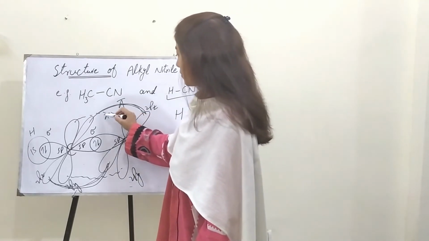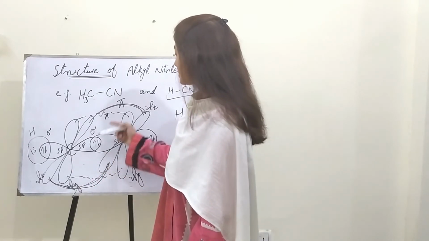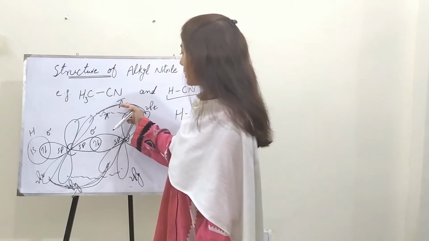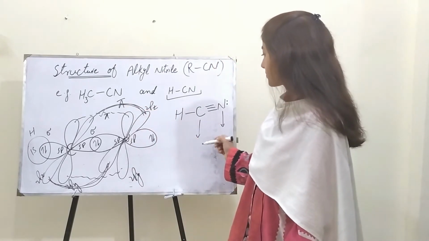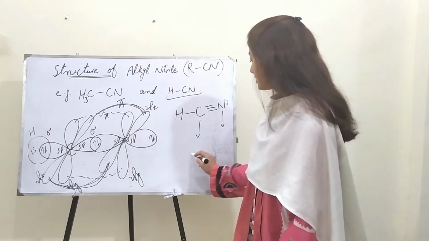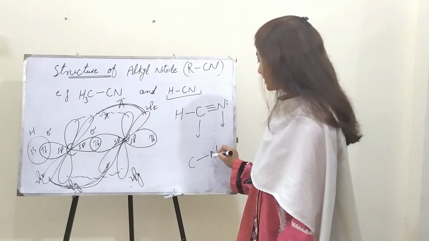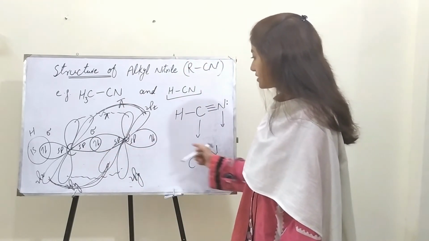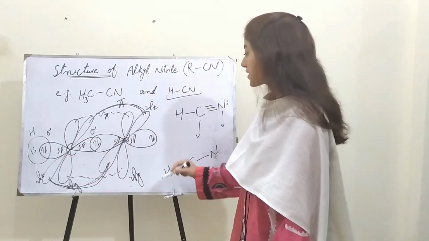So this is one pi bond between two py orbitals, and the second pi bond would be formed between two pz orbitals. In this way, this sigma bond is drawn like this between carbon and nitrogen, and this sigma bond between hydrogen and carbon is shown like this.